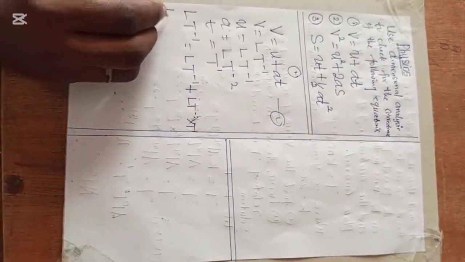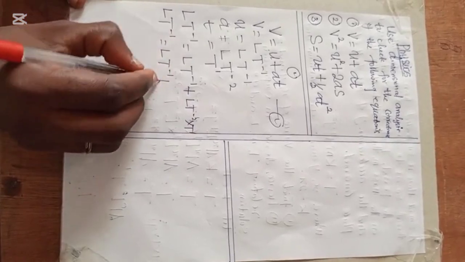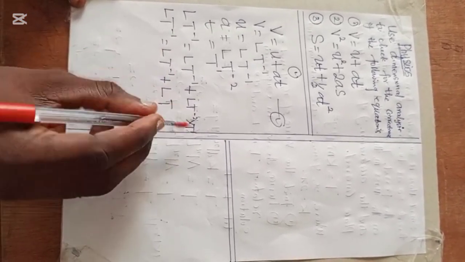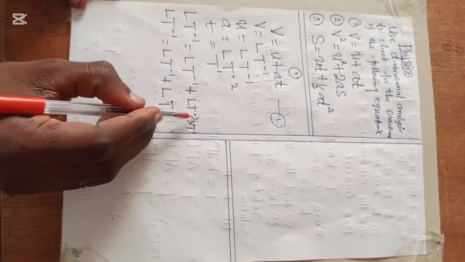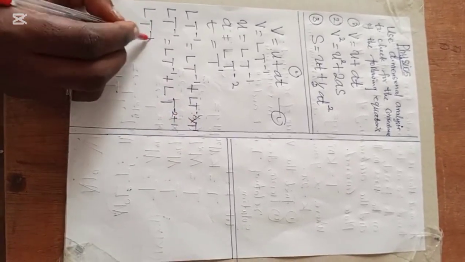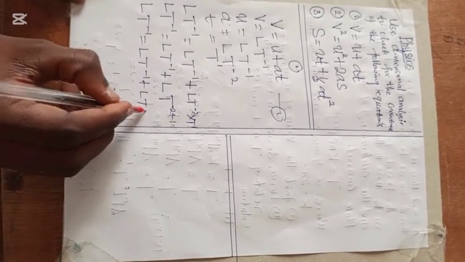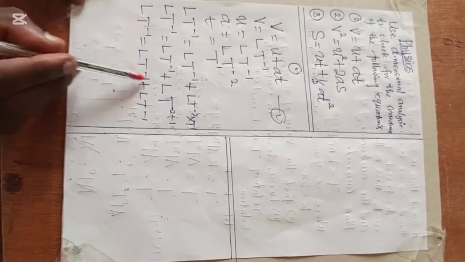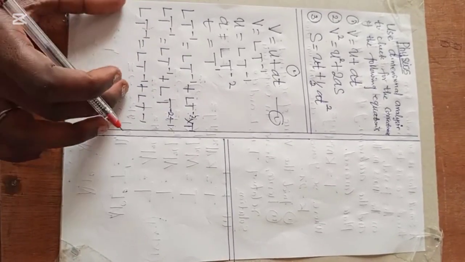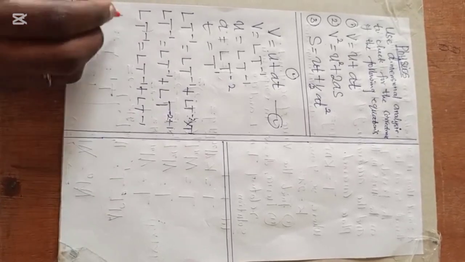So we now have LT minus 1 equals LT minus 1 plus L is common. T, now you add the powers, according to the law of indices, minus 2 plus 1. We have LT minus 1 equals LT minus 1 plus LT minus 1. If you look at it, LT minus 1 is common on both sides.